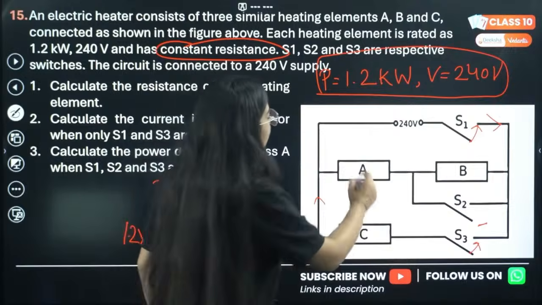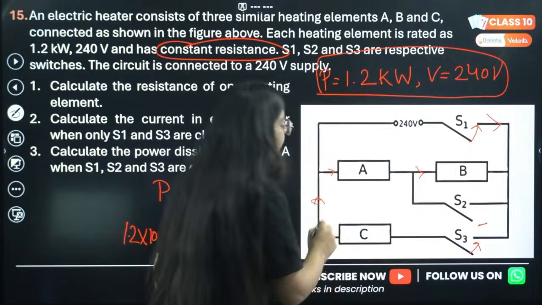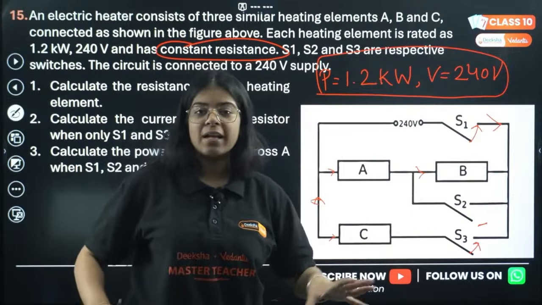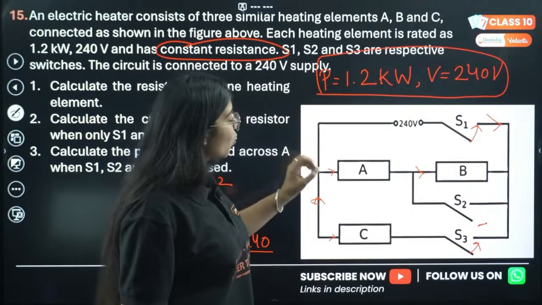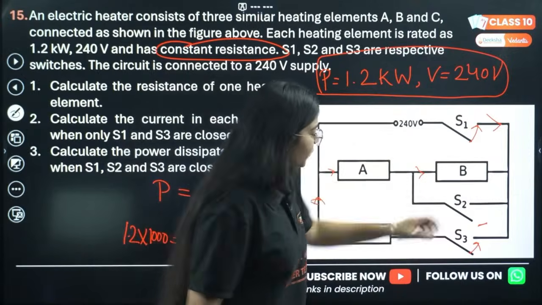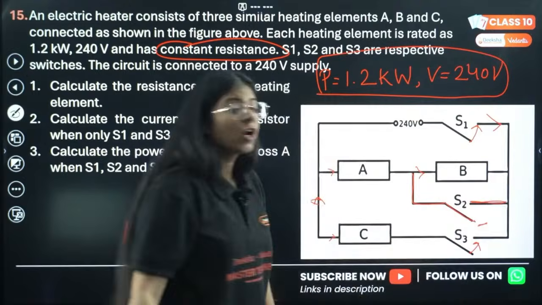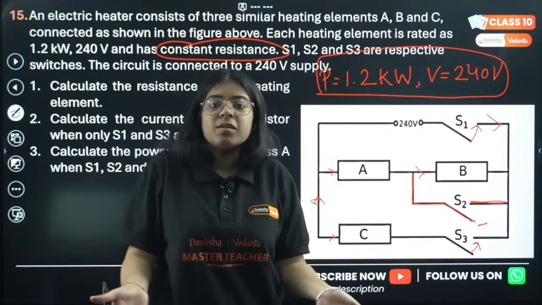All the current will go through A and B and C. Through this S2 branch, no current will flow because the circuit is not closed.